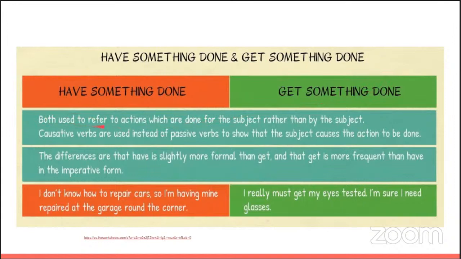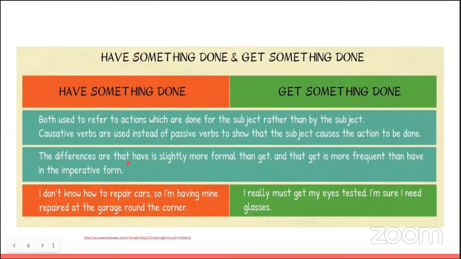Both are used to refer to actions which are done for the subject rather than by the subject. Causative verbs are used instead of passive verbs to show that the subject causes the action to be done.